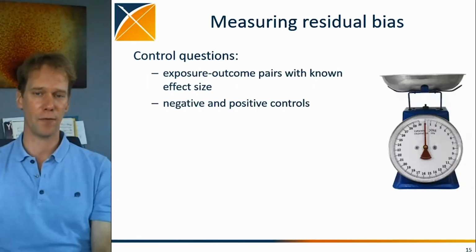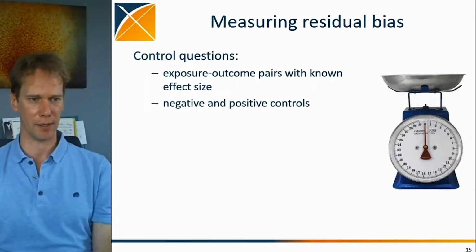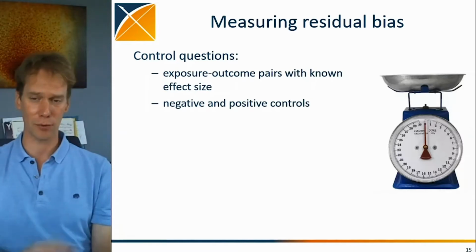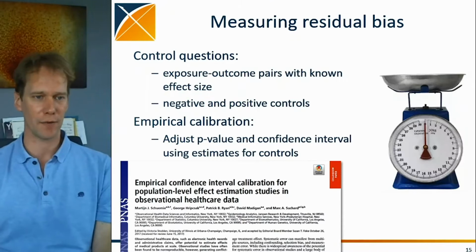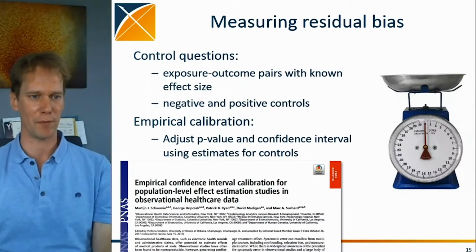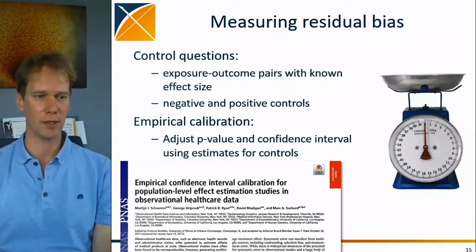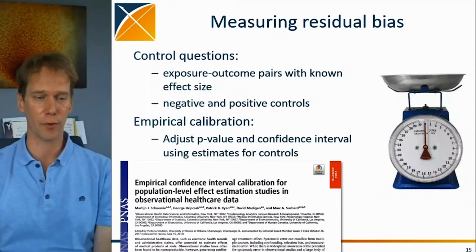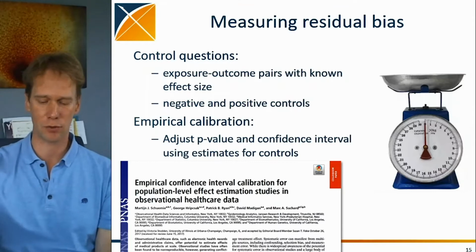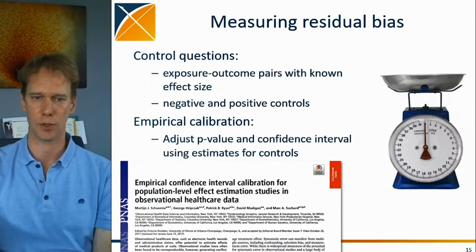And just like if you find that your scale is off by a little bit, you can calibrate your scale so that it becomes well calibrated again. So we can do that with observational studies. And so we've developed this technique called empirical calibration to adjust our analysis based on what we observe for our negative and positive controls. This has been described in several papers, including the one I'm showing on the screen now.